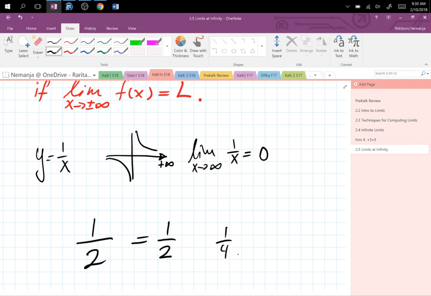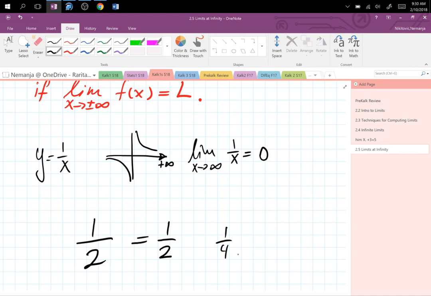So, what's happening with this? You see that as x goes to infinity, what is happening with that 1 unit you have? Magic, right? Goes to 0. Also note your language.